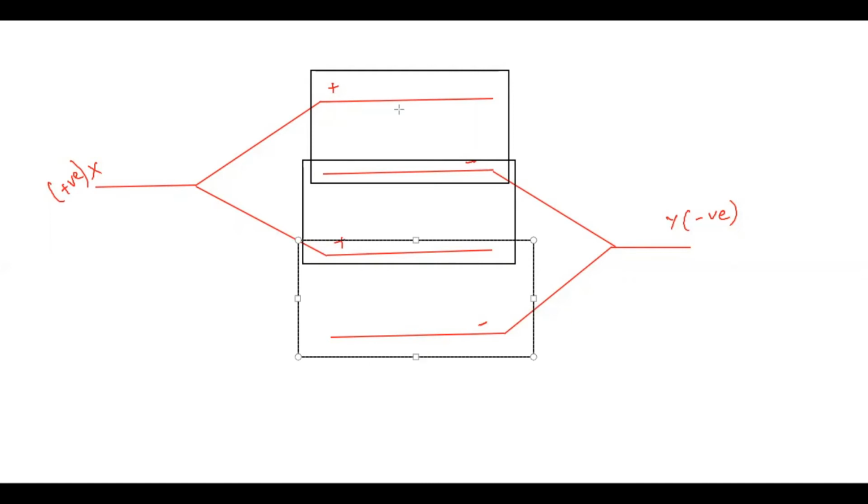So all these 3 parallel plate capacitors are arranged in parallel combination. So if we redraw this, we can consider 3 parallel plate capacitors connected in parallel between the terminals X and Y.